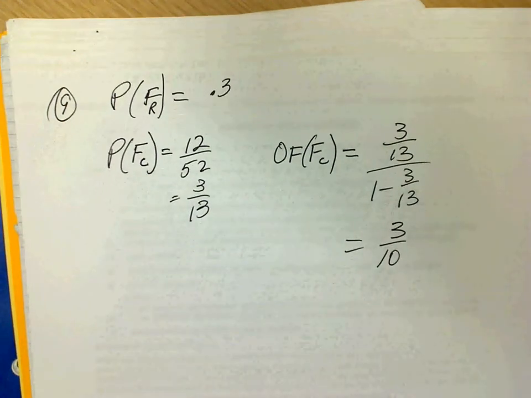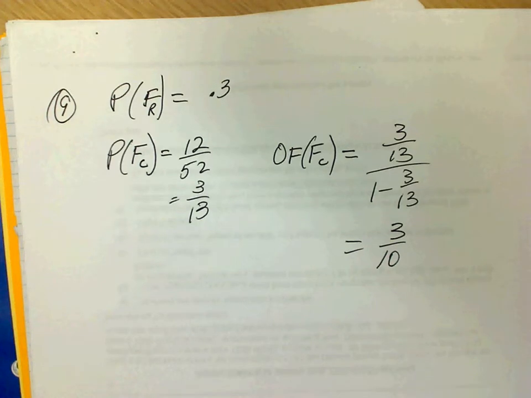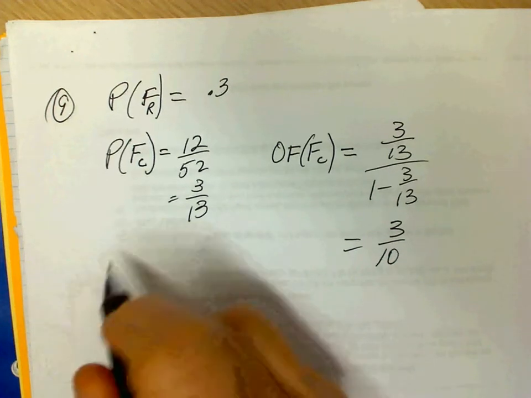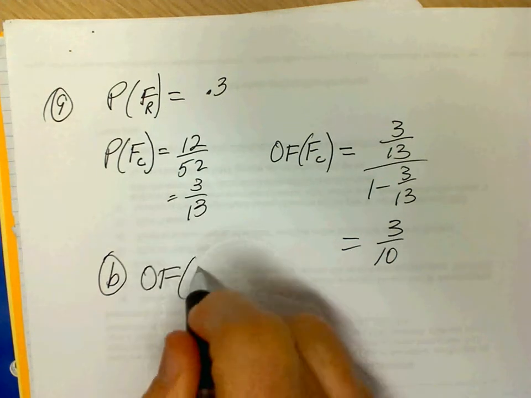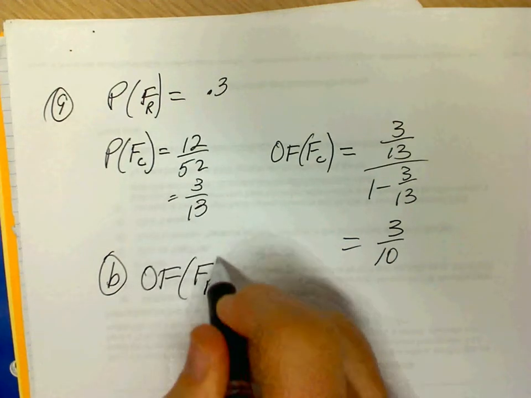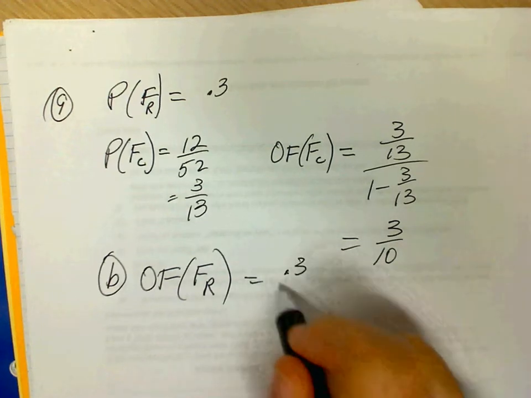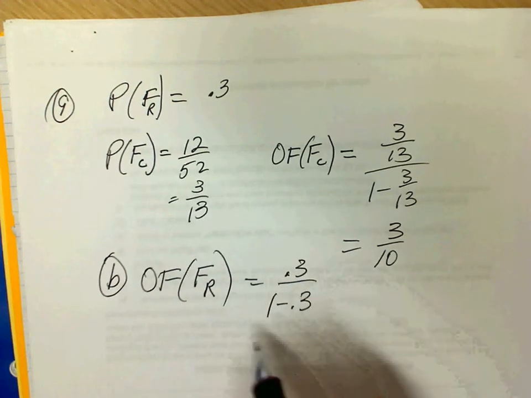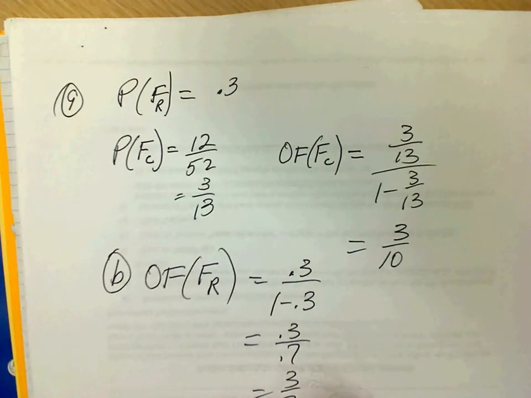Yes. Okay. What odds would Remo be willing to give based on his estimate? So odds in favor of a face card based on Remo's estimate is going to be 0.3 over 1 minus 0.3. That's 0.3 over 0.7, which is 3 to 7.